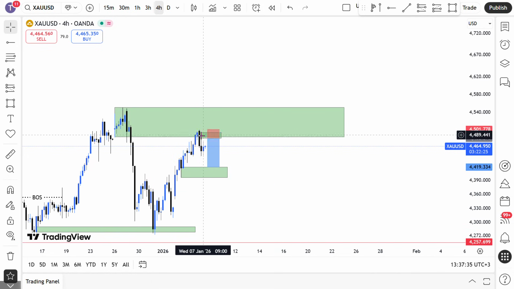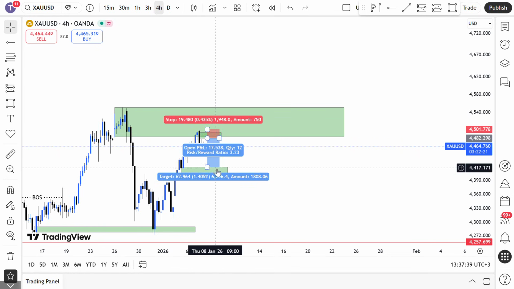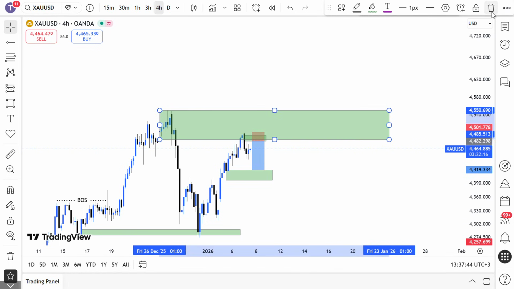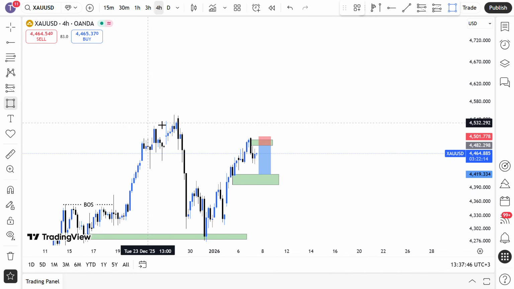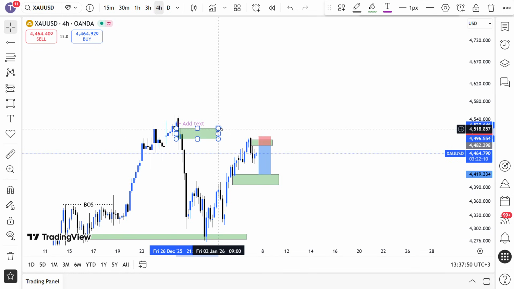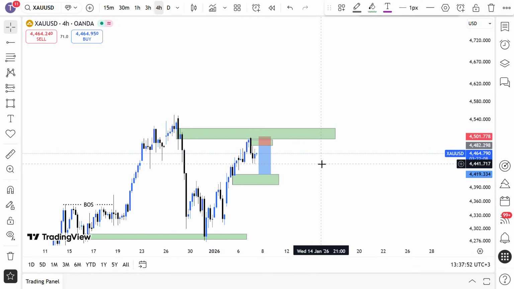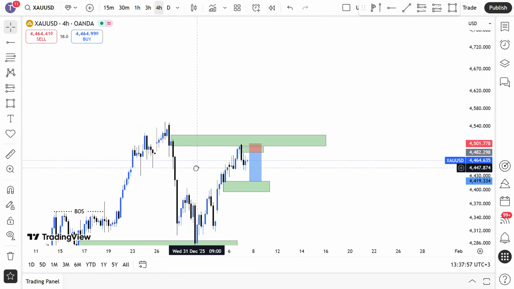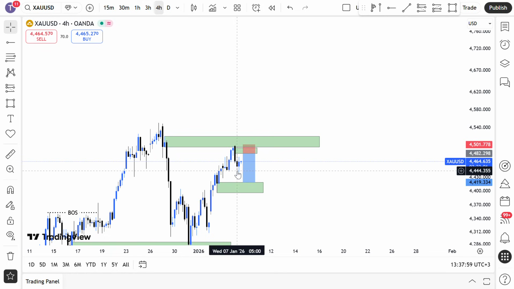Let's see what the price will be doing at this level before we take any selling opportunity to this low. Currently, I can see that price tapped into a 4 hour supply zone, this order block. Have this order block here where the price has tapped in, and then we have this good reaction.